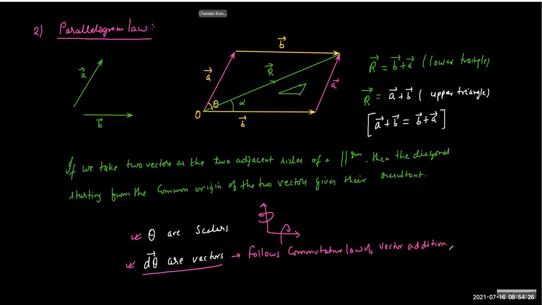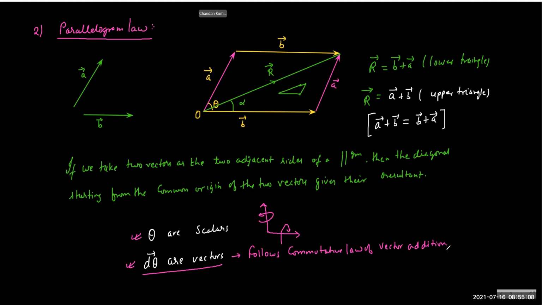Again, it's one of the axioms of vector algebra that if you are using addition, then it must be following the commutative law. And if it is not following the commutative law, it cannot be called a vector. So this parallelogram law helped us understand that vector addition is bound to be commutative. Any quantity which does not follow this particular law will not be called a vector.